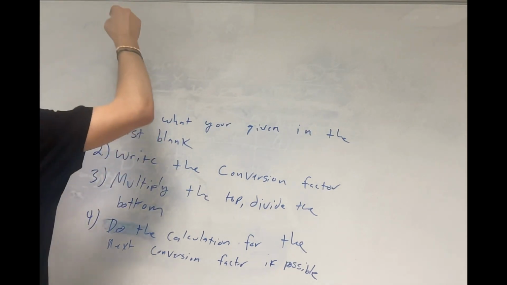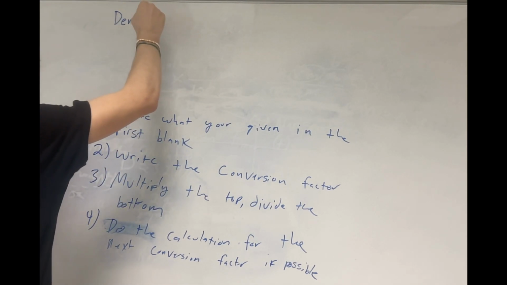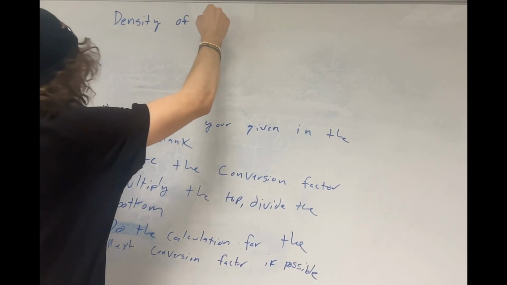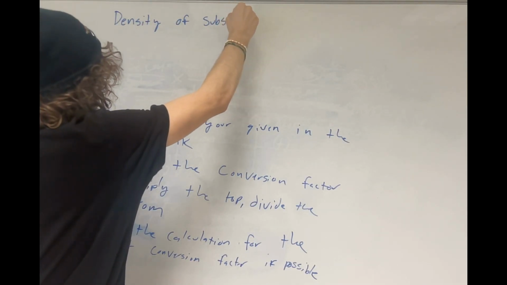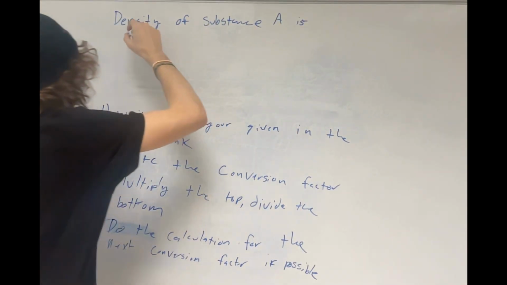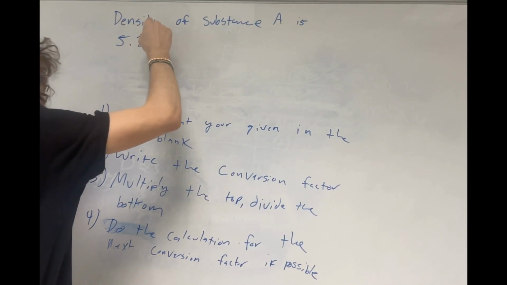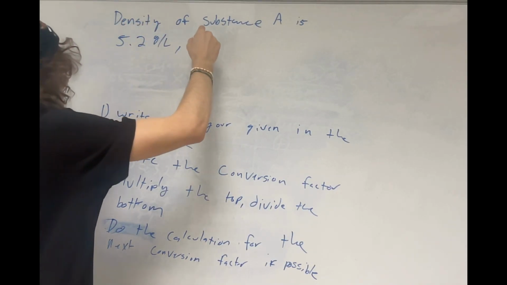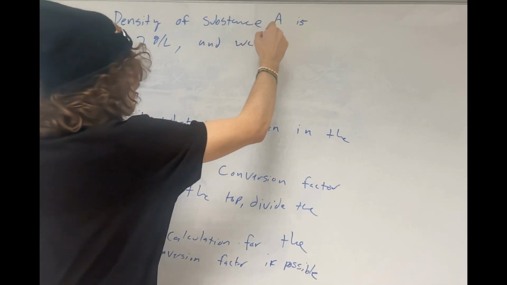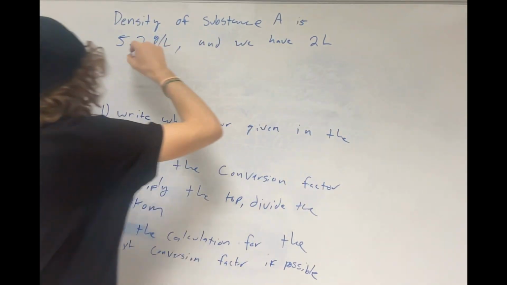Okay, so let's say that a certain substance, substance A, has a density of 5.2 grams per liter, and we have 2 liters of it.